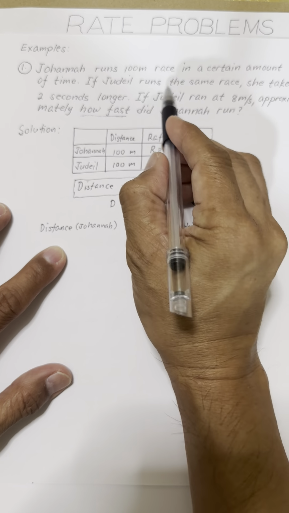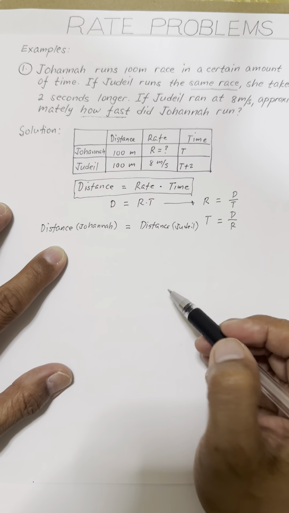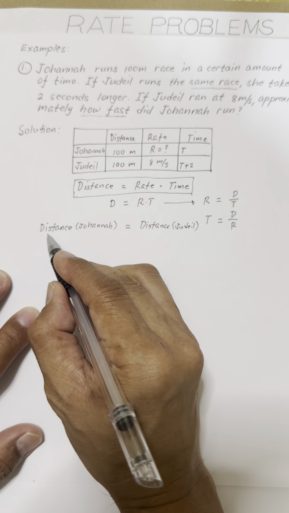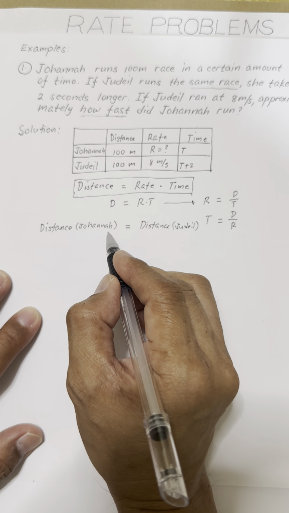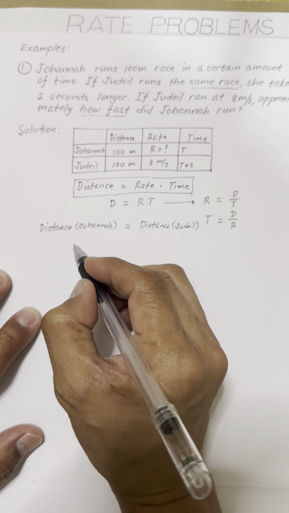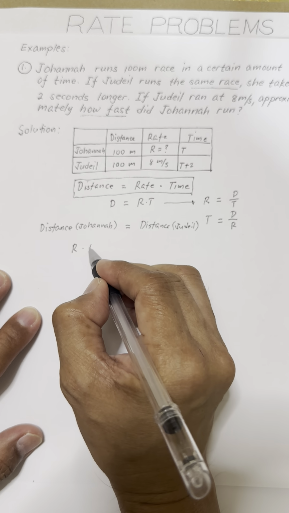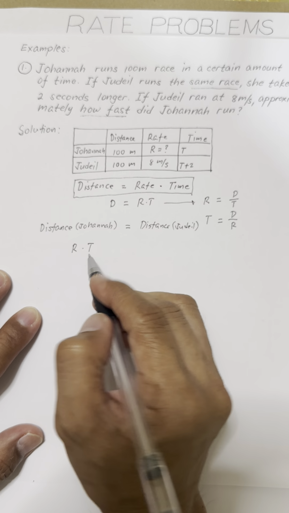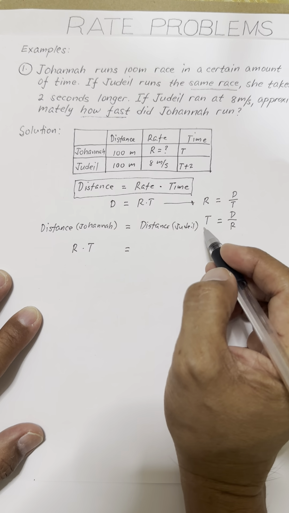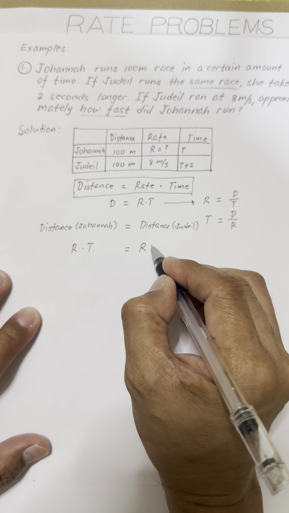From the words same race, same race means same distance. So write down the formula. Distance is rate times time. This is the distance for Johanna, rate times time, and for Judel it is also rate times time.